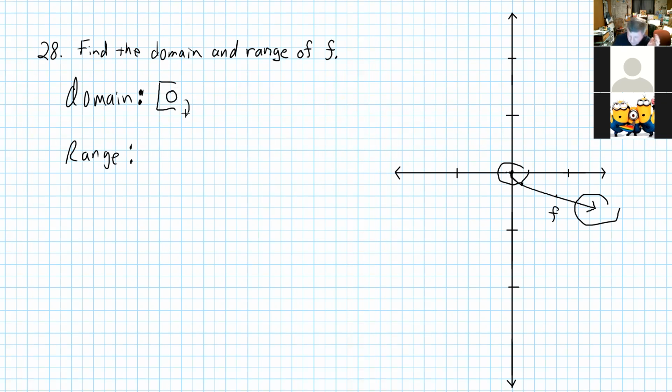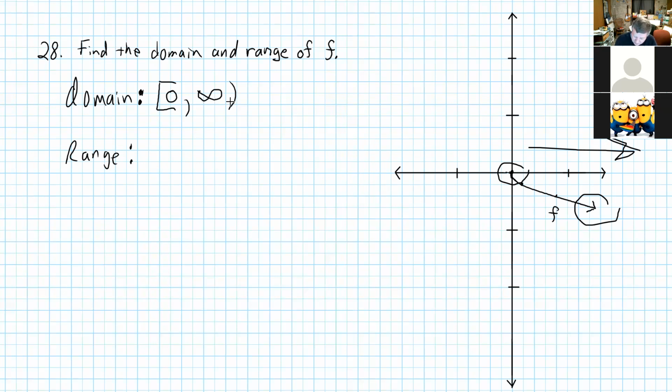Careful. Domain's the x values. Oh, yes. Wrong way. So where's it going? It's all real numbers after 0. So to infinity. Or as Buzz Lightyear would say, to infinity and beyond.